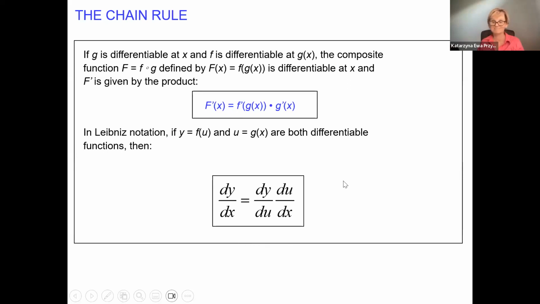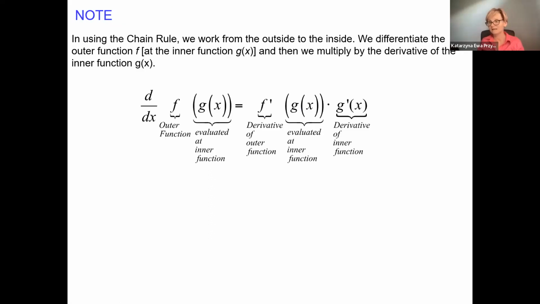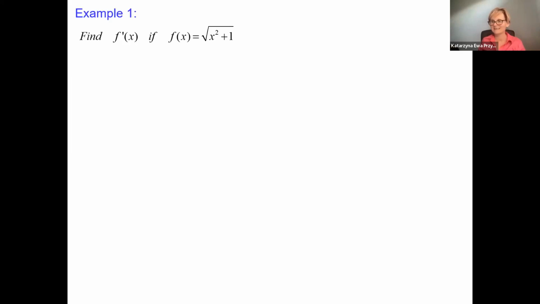Whichever is the easier form. It's the same thing, outer, inner.